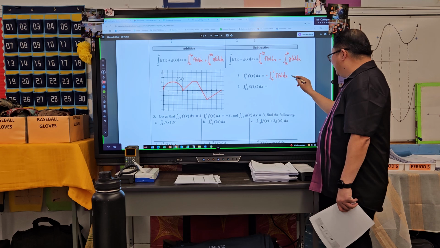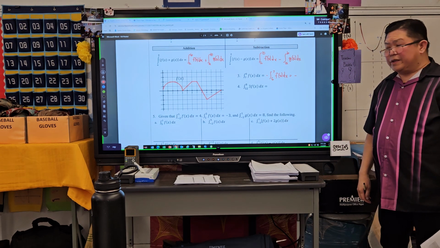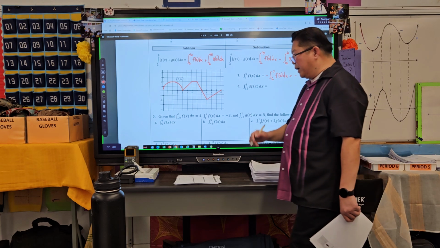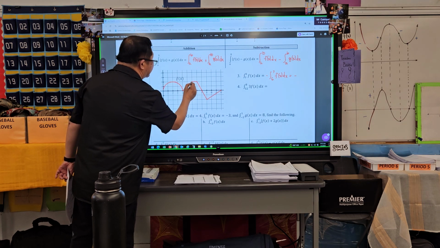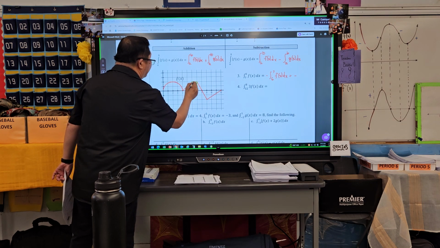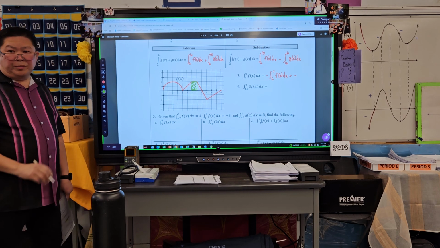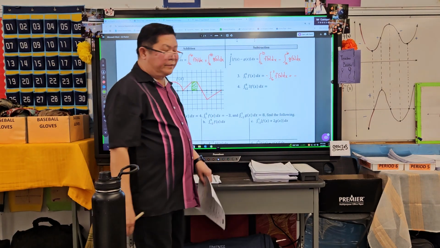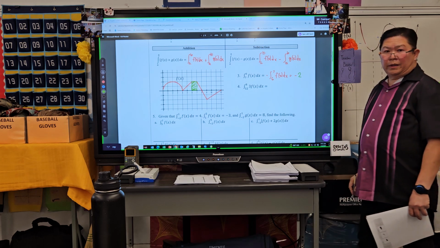And what is the interval now? From 6 to 7. Can you look at the graph? The interval 6 to 7 is this area, right? And what is the area? It's going to be negative 2 because of this. So negative 2.